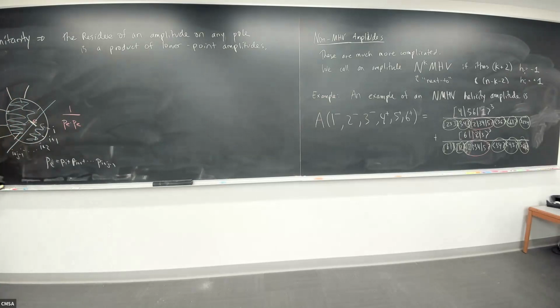That notation means all Feynman diagrams that can have anything going on here and anything going on there, but contain this edge. Feynman diagrams that don't contain that edge don't have this pole, so they contribute 0 to the residue. To finish my sentence, the residue becomes the sum of all Feynman diagrams of this type, with this edge excised, and that just gives you the product of this amplitude times this amplitude. So that's the statement of unitarity.